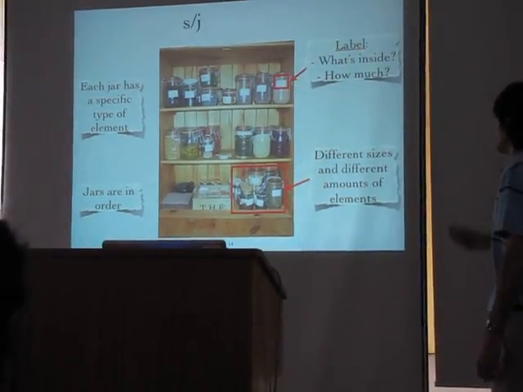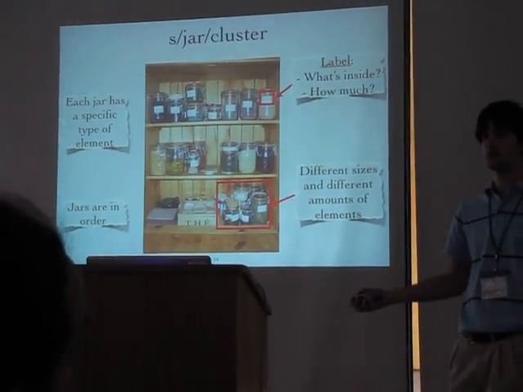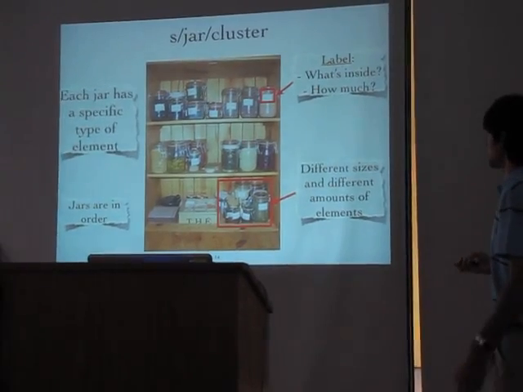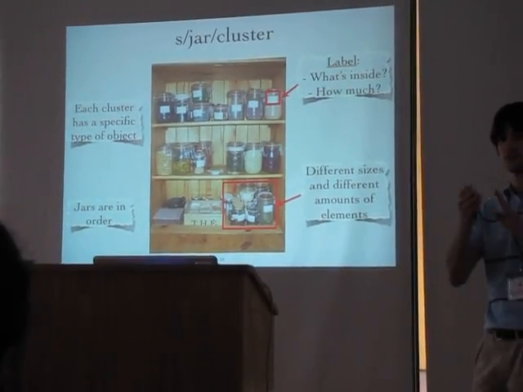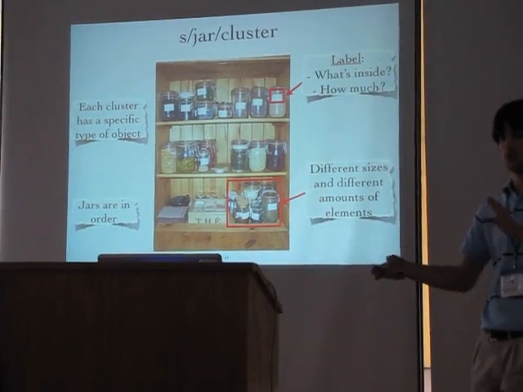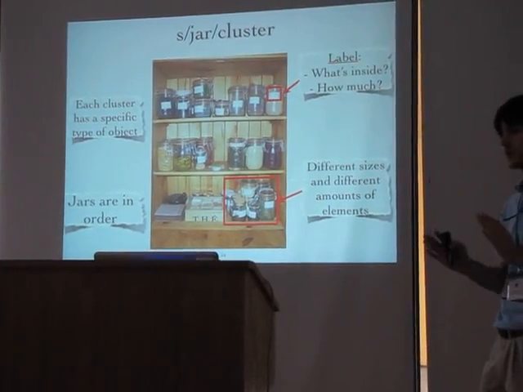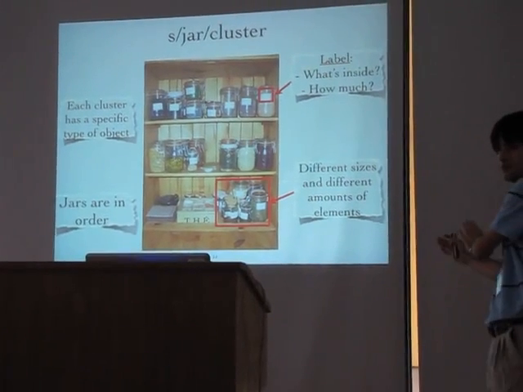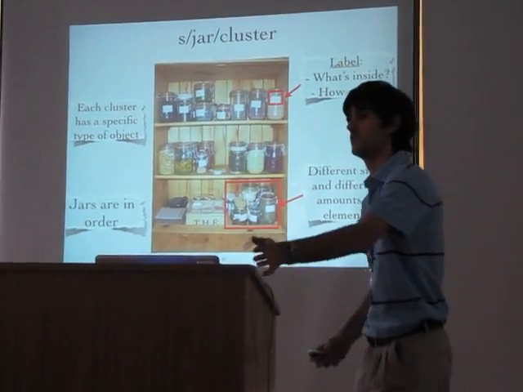So, if we replace shard by cluster, it is the same. This is what we do. So basically, for each cluster, we have a specific type of object. Okay? The clusters are in order, so it can be one cluster, then the next one, and the next one in the string. Specific type of objects. Class?